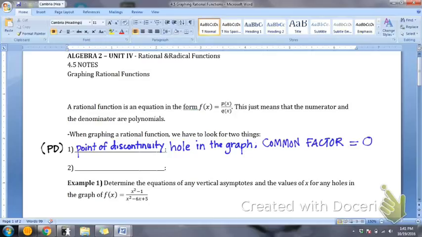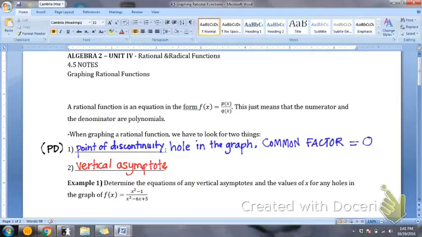The other thing that we're going to be looking for is called a vertical asymptote. This is a math word. Vertical asymptote.